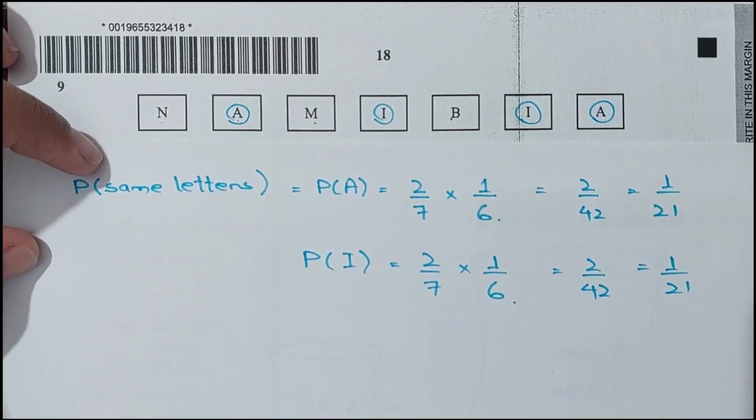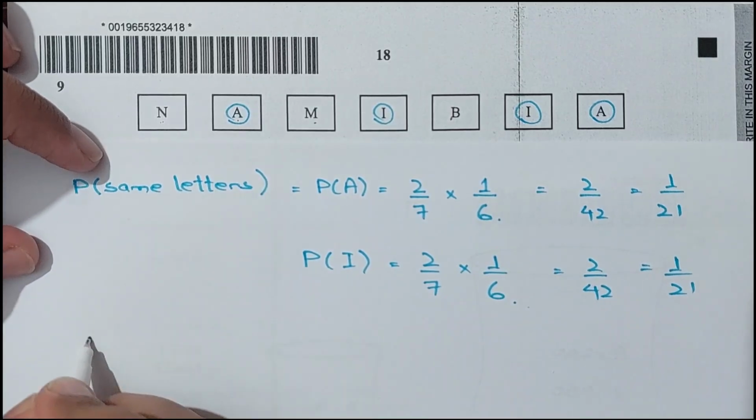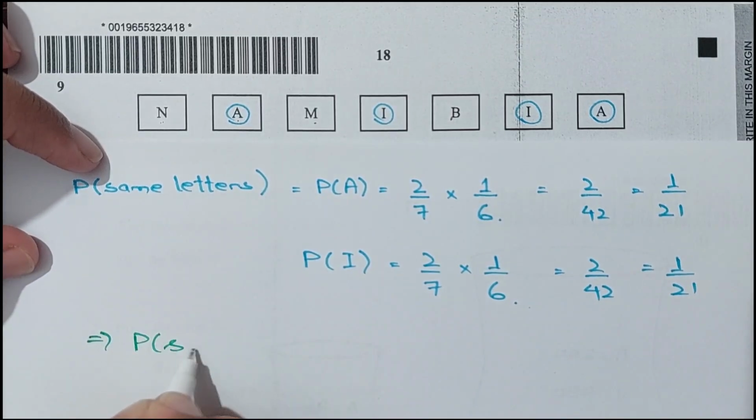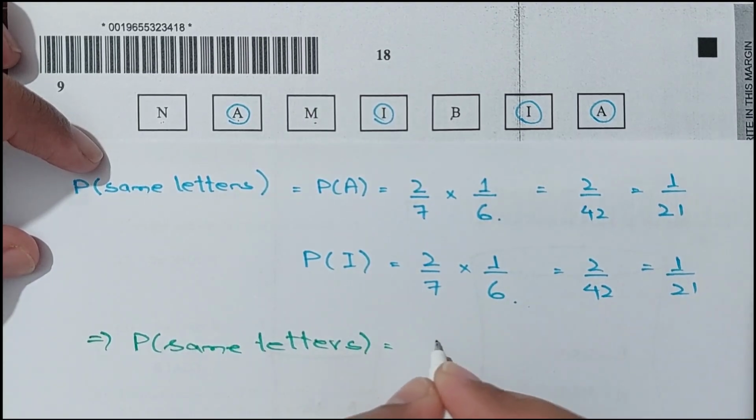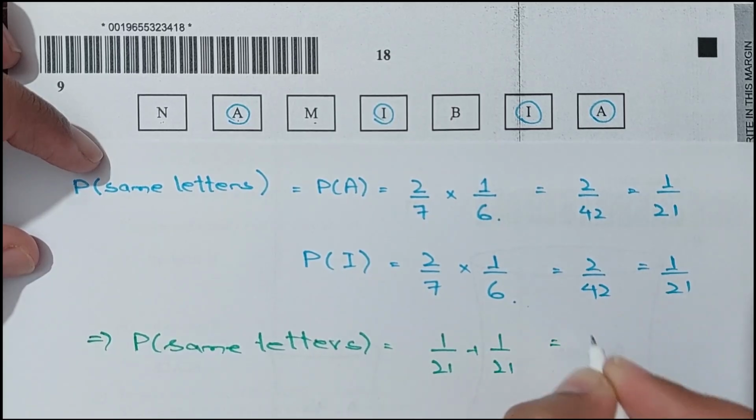Okay, so now we have to combine it. So the probability of same letters is 1 over 21 plus 1 over 21. This is 2 over 21.